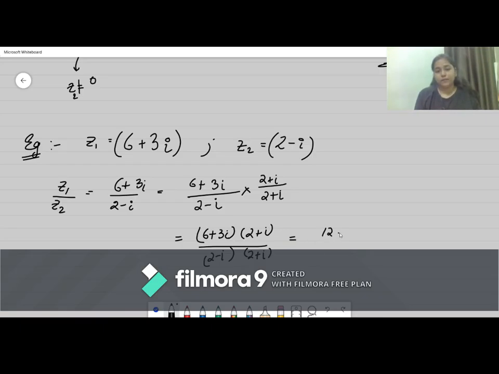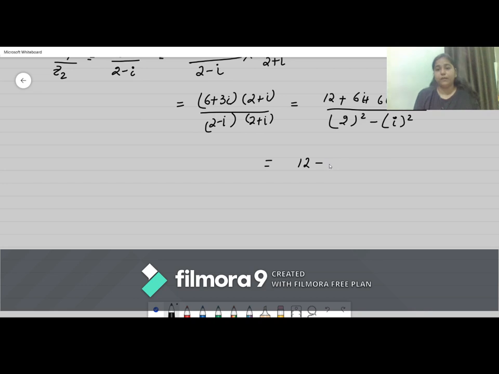12 plus 6i plus 6i plus 3i square. In the denominator we have square of 2 minus iota square. In the numerator we are left with 12 plus 3i square plus, while collecting like terms 6i plus 6i, here we get 12i. In the denominator came 4, and what is i square?